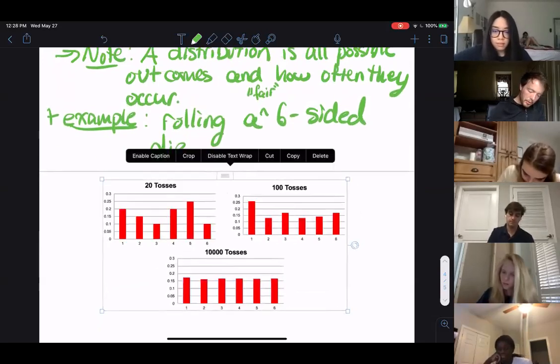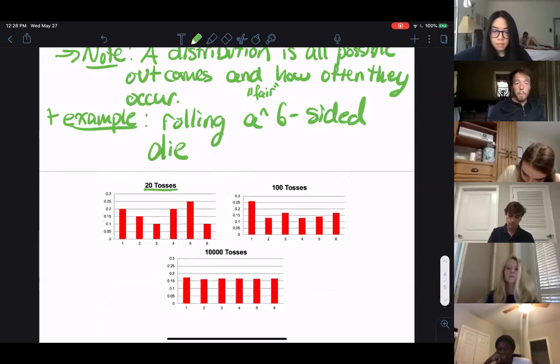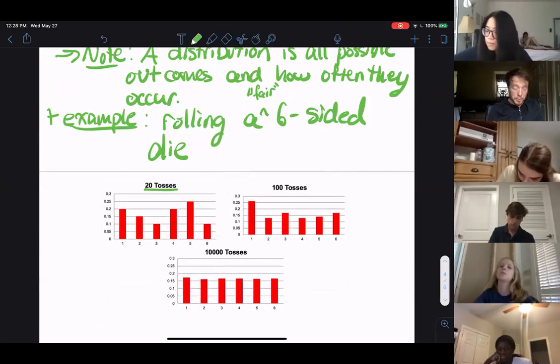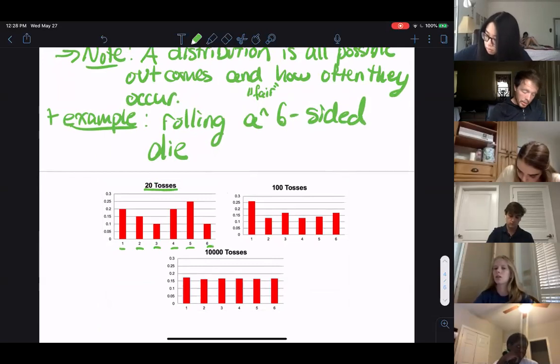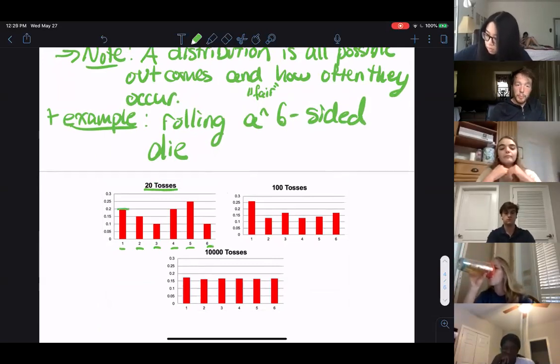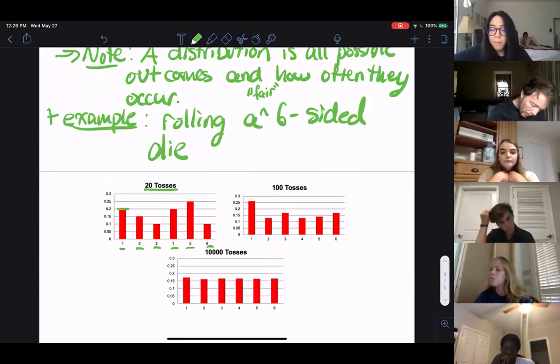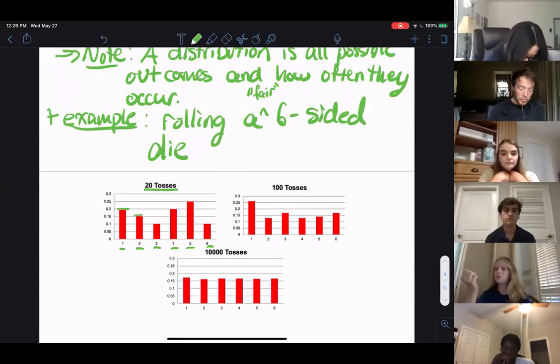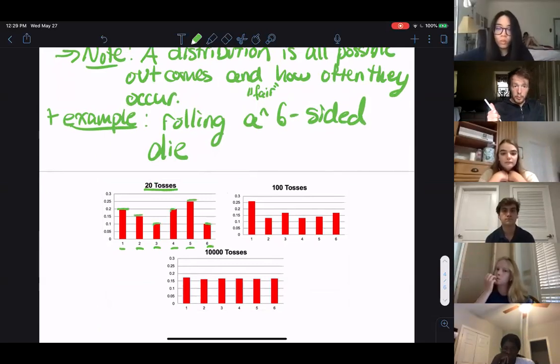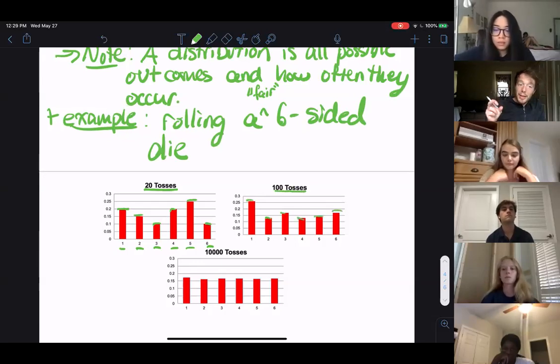This is the histogram that I would get by rolling a die 20 times and every single time recording what value the die took. So the die can take 1, 2, 3, 4, 5, or 6, right? And according to this, in my 20 tosses, 0.2 or 20% of the time I roll a 1, 0.15 or 15% of the time I roll a 2, and so on and so forth. Okay? Note, when I rolled it 100 times, I still got some variation, but it looks a little less varied than when I did it 20 times.